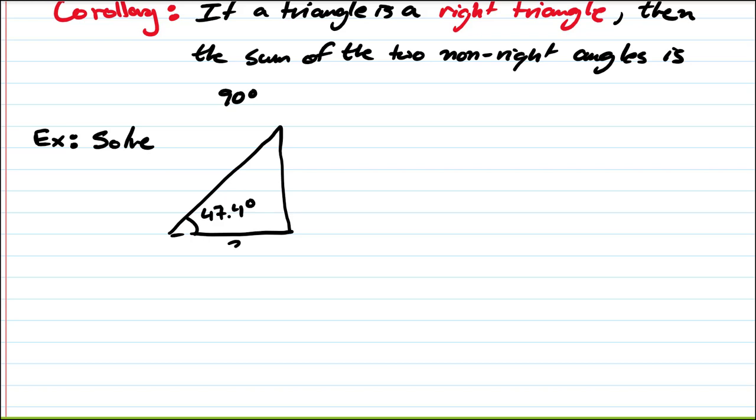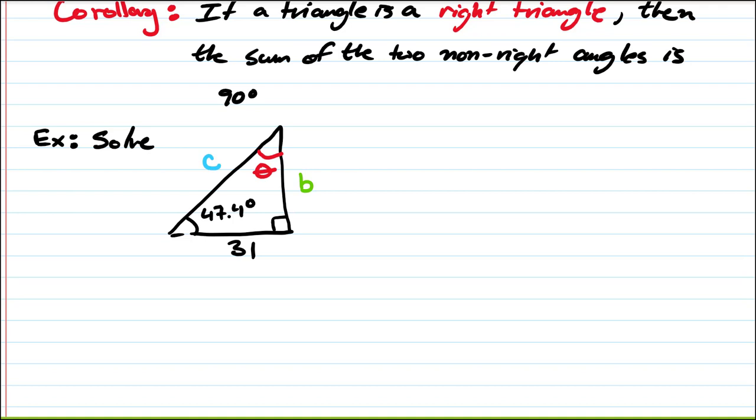We know that this side is 31. And we know that this is a right angle. We need to solve this triangle. Well, since we know it's a right triangle, let's go ahead and label what we're trying to find. I don't know this angle, so I'll call that theta. I don't know the hypotenuse, so I'll call that C. And I don't know this leg over here, and I'm going to call that one B.